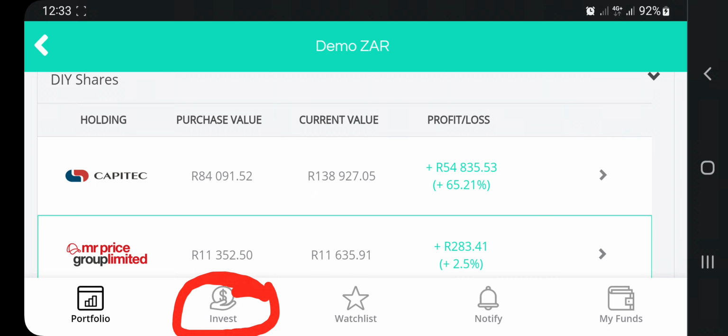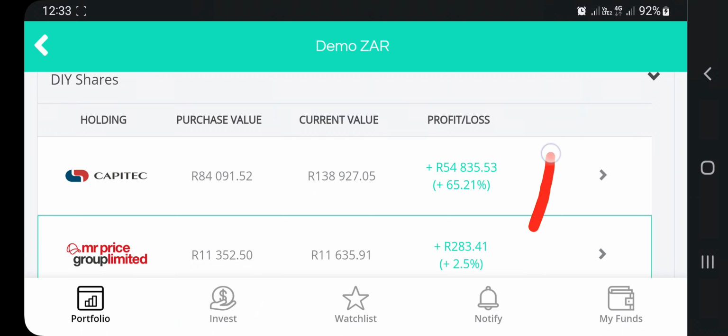After you click go invest, it's going to show you different types of companies that are listed on the JSE. Then you can select any company that you want to buy or invest into.